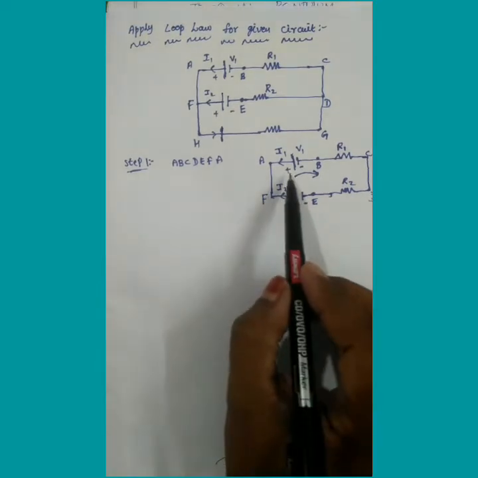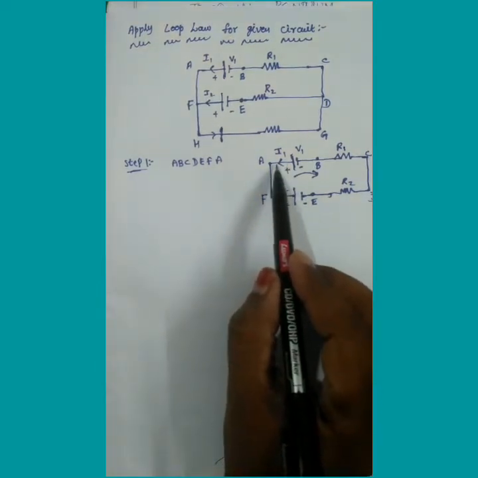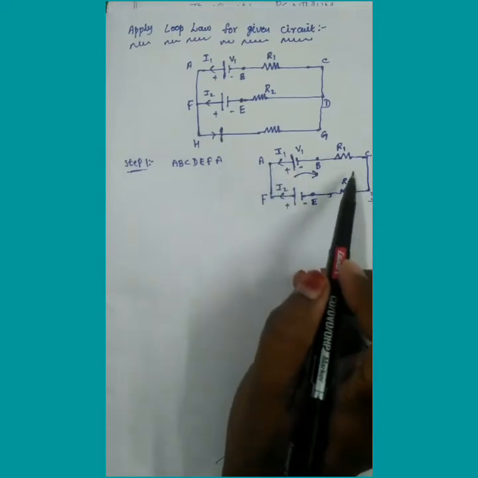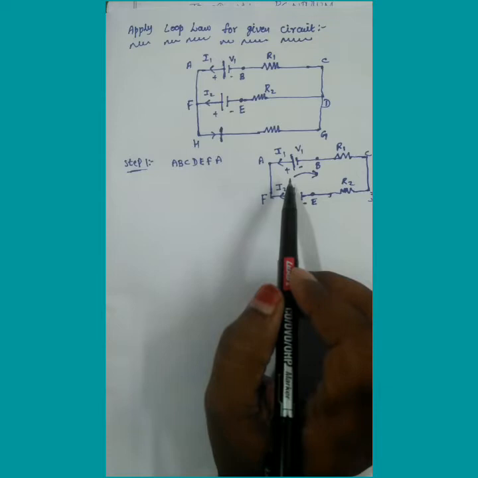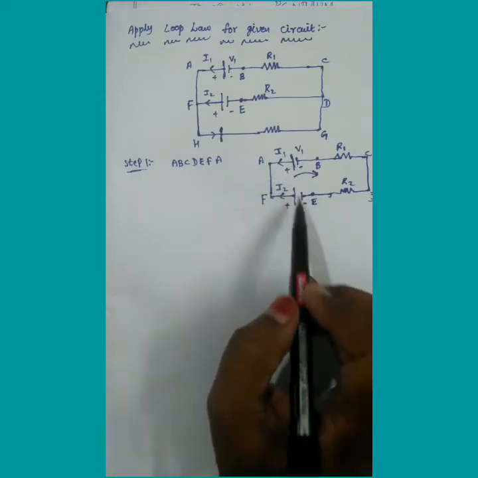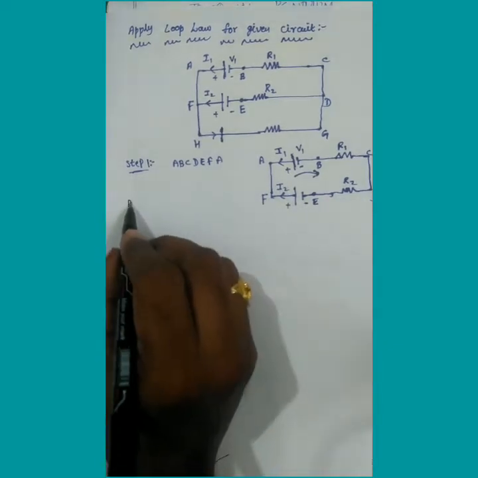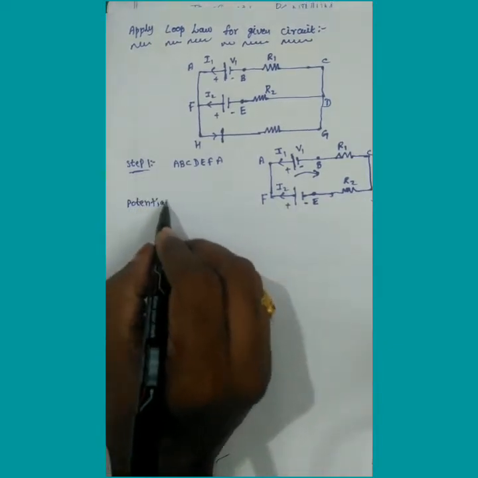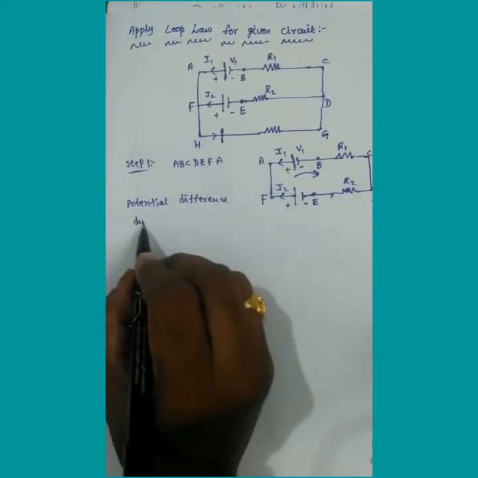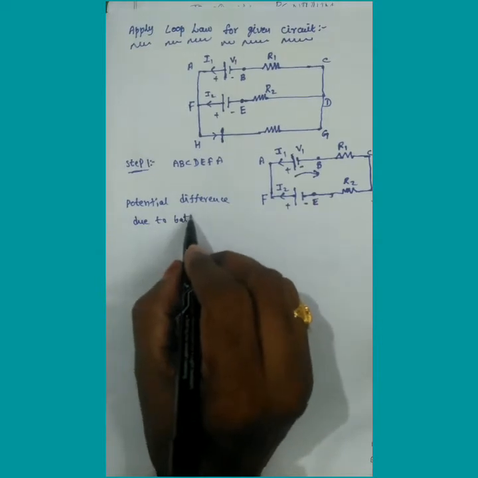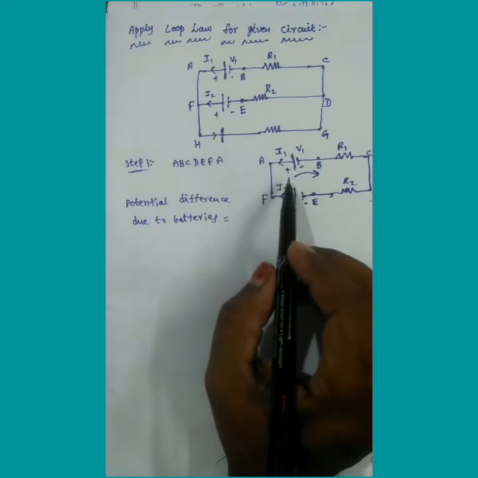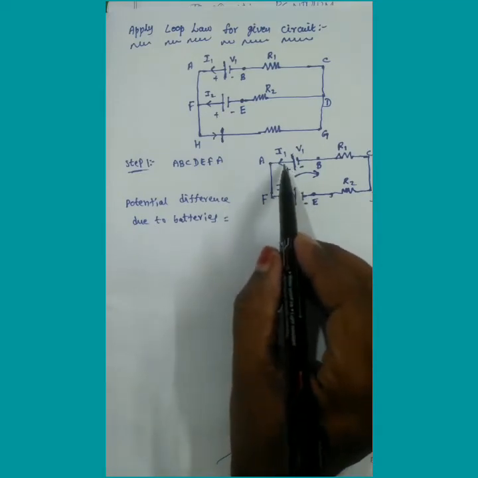Actually the current passing is in this direction, but we are taking the loop in this direction. So first we have to calculate the potential difference due to the batteries. Here the current flow will exist in this direction.